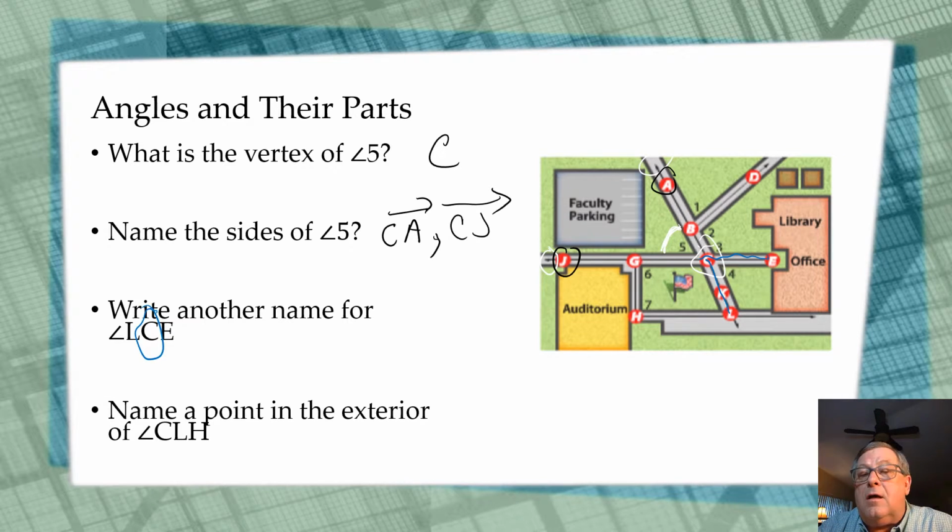I've got about 3 or 4 different names that I could write for this. I could go back the other way, come from the other side, and we could say that this is angle ECL. That would be another name for LCE.